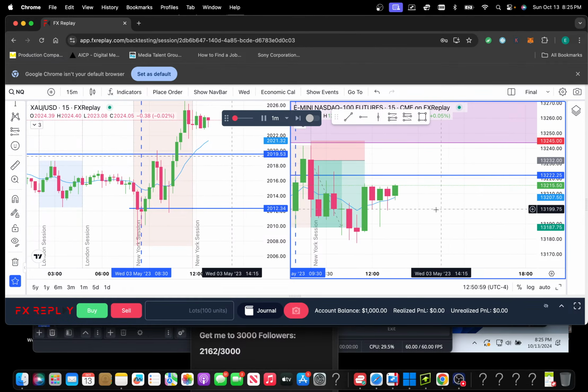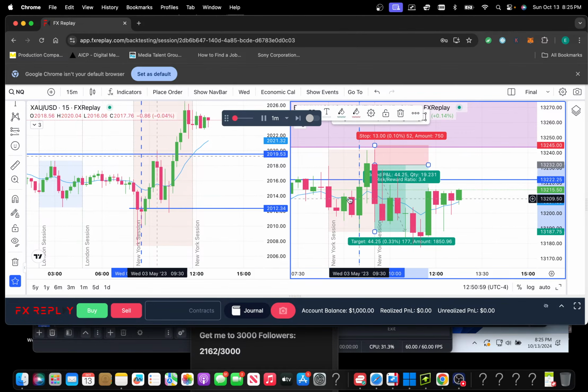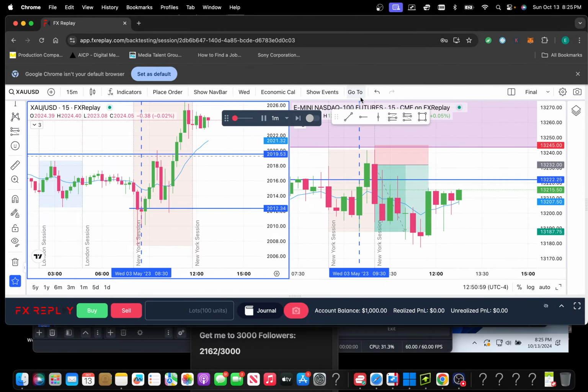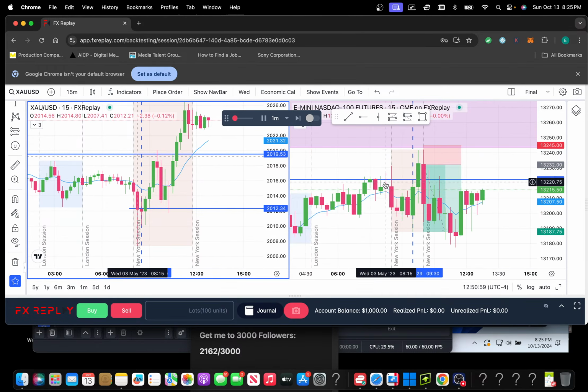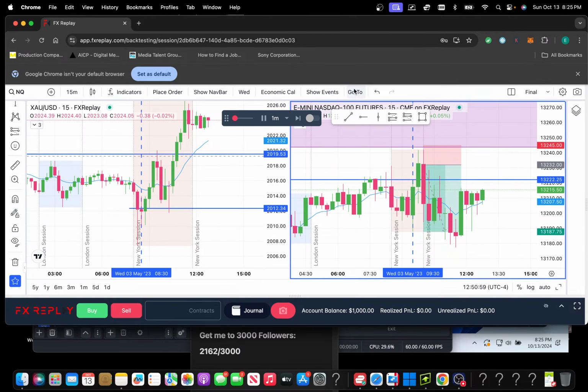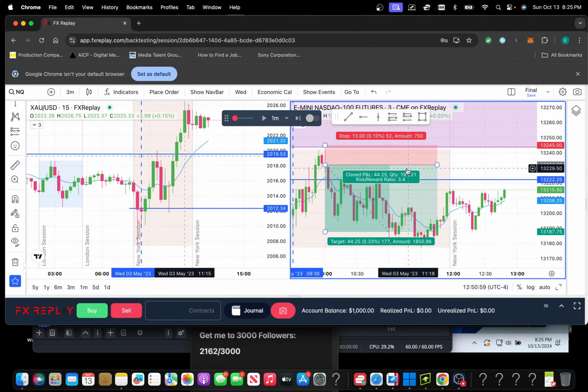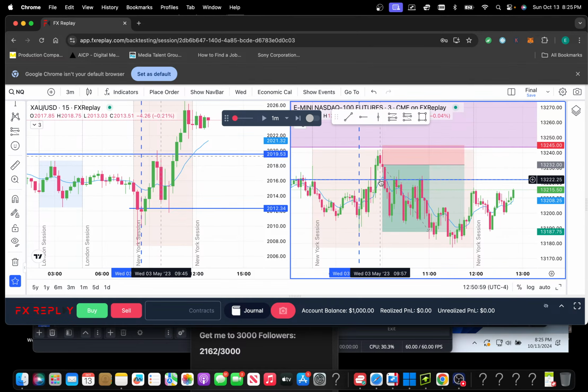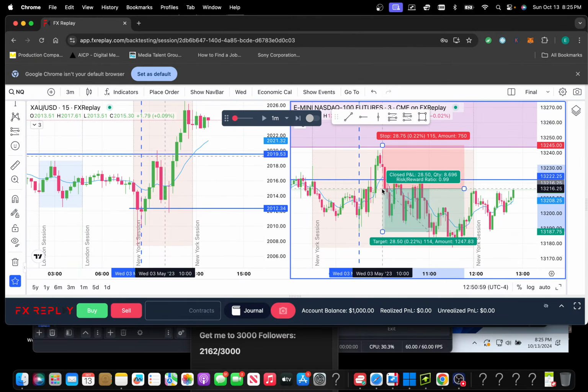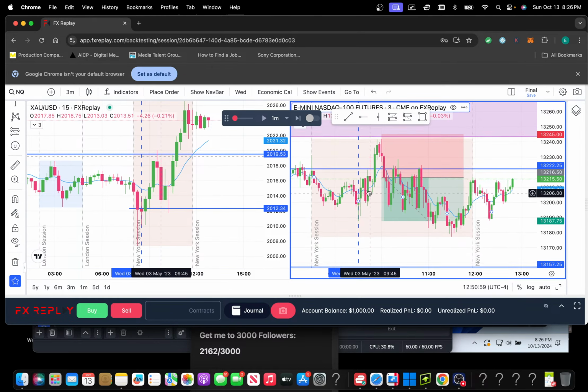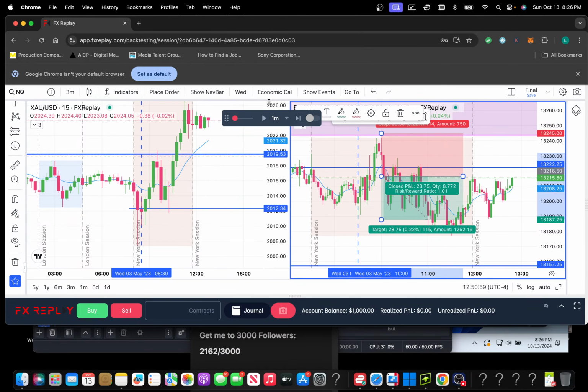On the 15-minute chart, it just tapped into a fair value gap and kept going higher. Like I said, gold has been having better price action today. However, for us NQ traders, your entry would have been here, which is not the best risk to reward, so it's not even something you would have traded.